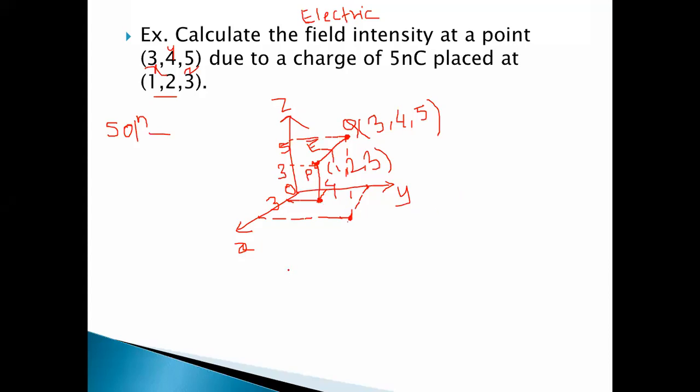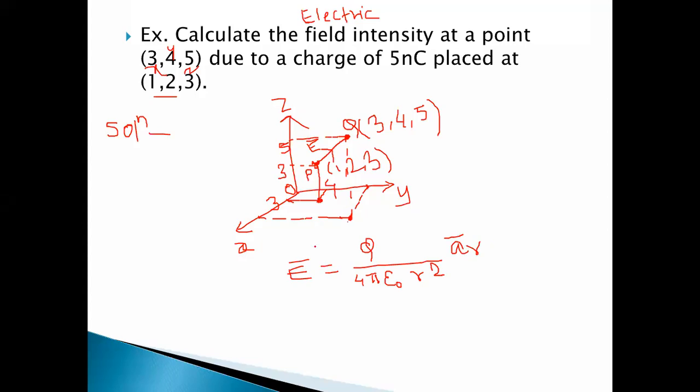Now what is the general formula for E bar? E bar is equal to Q divided by 4 pi epsilon 0 R square into unit vector a bar R.